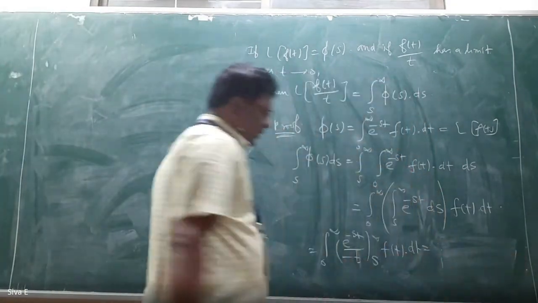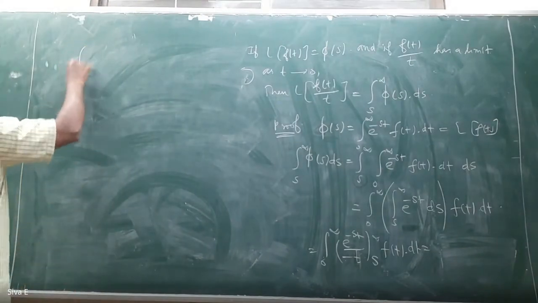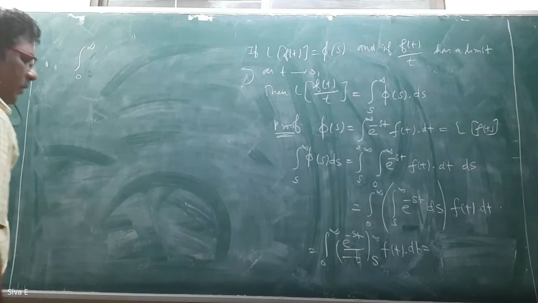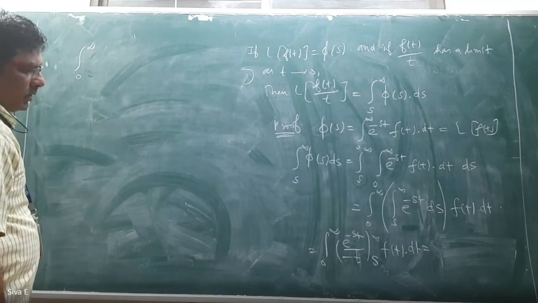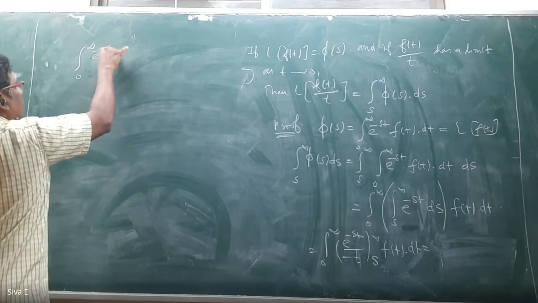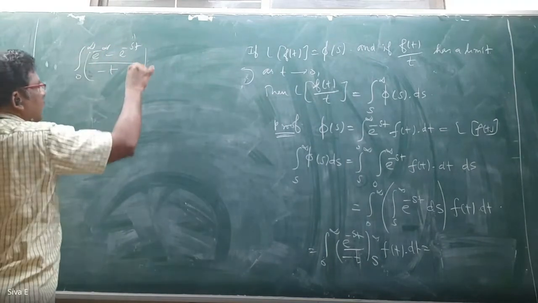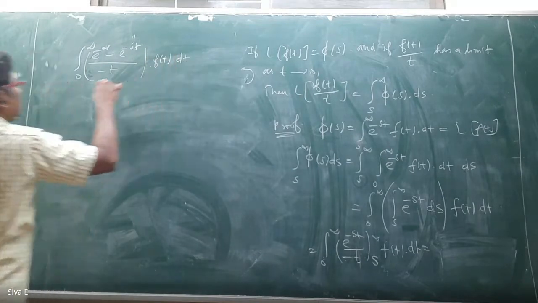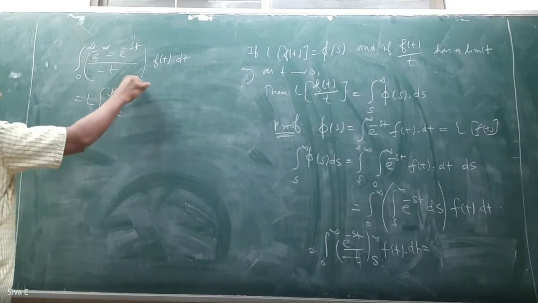That is integral over 0 to infinity, e power minus st, s to infinity, e power minus infinity minus e power minus st by minus t, f of t dt. So it is the Laplace transform of f of t by t.